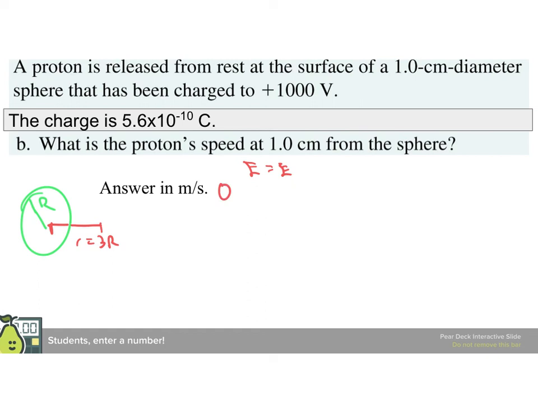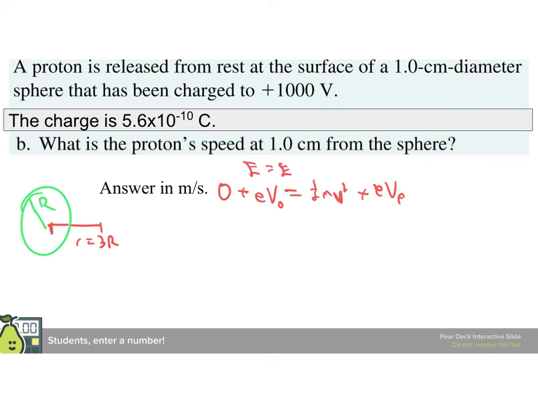It starts at 0 kinetic energy, but having some initial potential energy, which is the charge times the potential that it was on. That ends up with 1/2 mv squared plus e times its final potential.